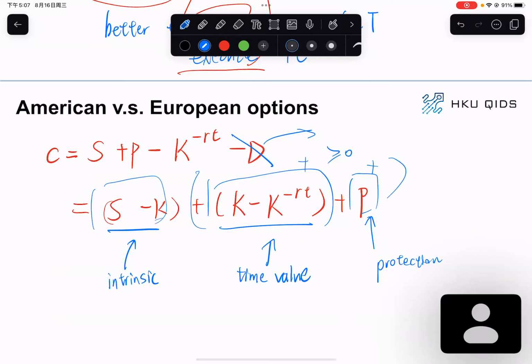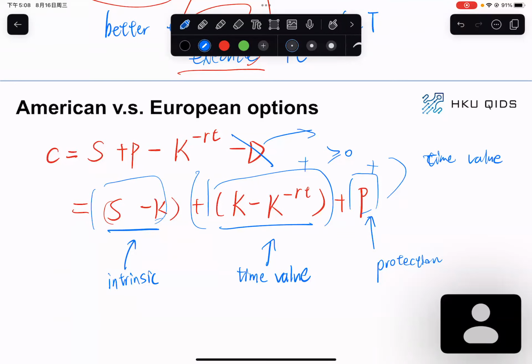And this part basically is the time value, right? So that means an American call is worth at least as much as a European call. And it is not optimal to exercise the American call before maturity.